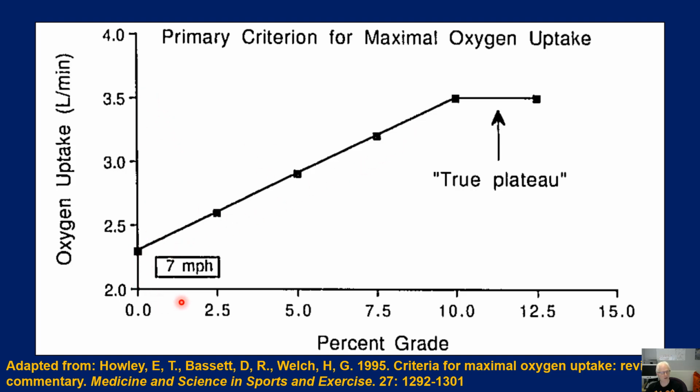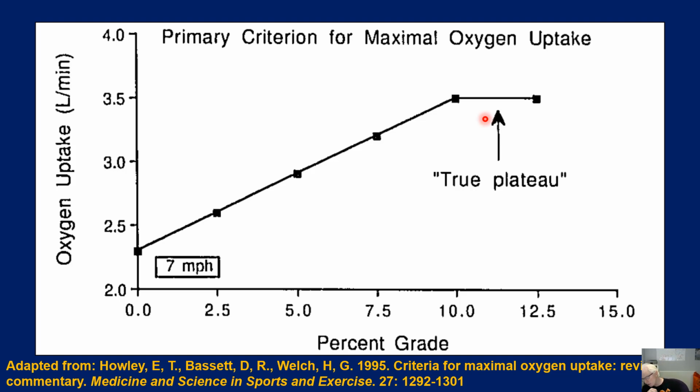So you can see that for a 2.5% increase in resistance, we're getting just under a half litre increase in VO2 in this individual for every 2.5% increase in the external resistance.